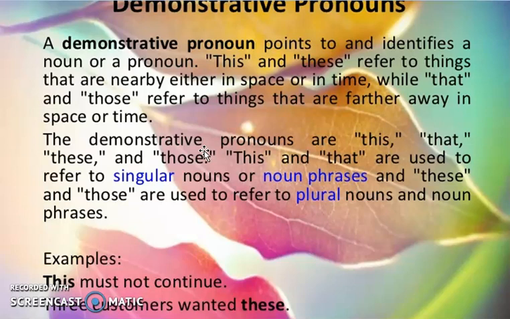The demonstrative pronouns are four in number: this, that, these and those. There are two examples. This must not continue. Three customers wanted these. This and that are used for singulars, whereas these and those refer to the plural nouns.